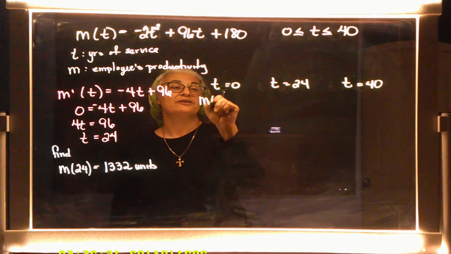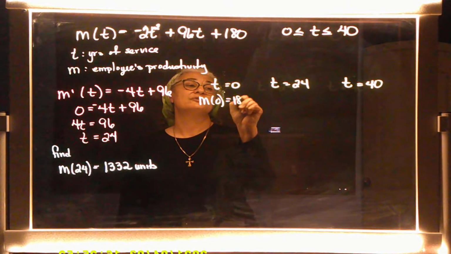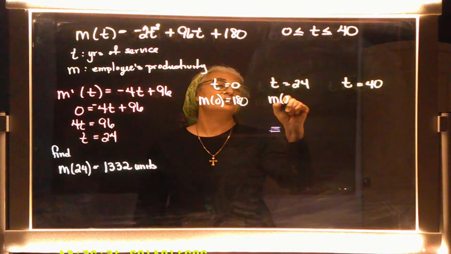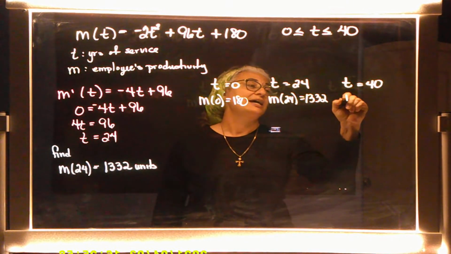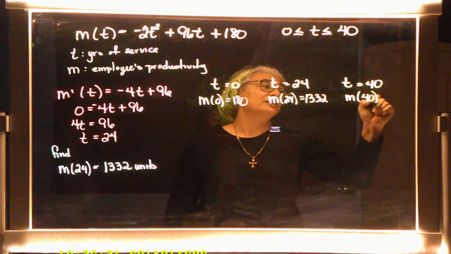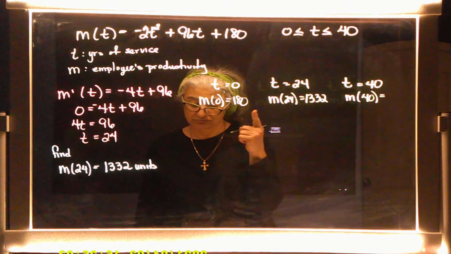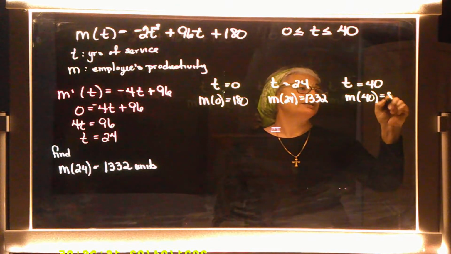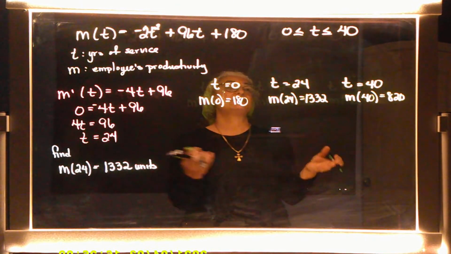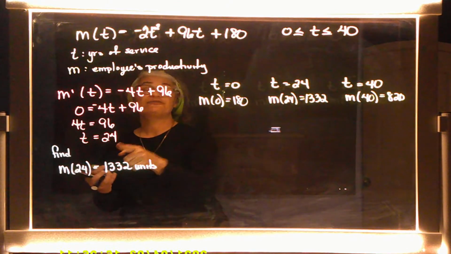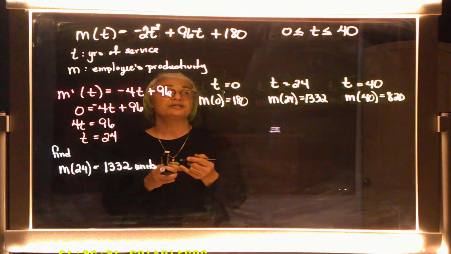So we have to figure out m of 0, which is 180, m of 24, which we figured out was 1,332, and m of 40, which I got 820. So, closed interval, 24 fell within the closed interval, gratefully.